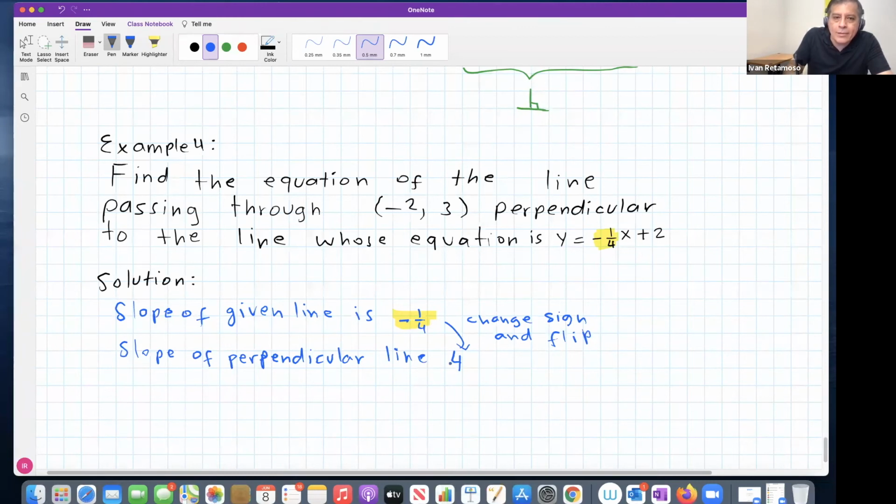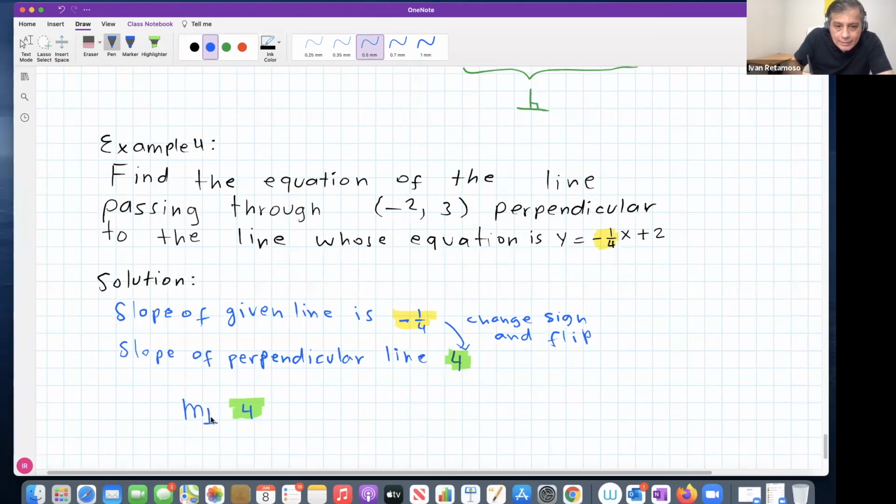So this is the slope I gotta work with now. No longer with this, but with this. So now I am gonna be in a better situation because I will have a slope to work with, a slope of 4. To be precise and to avoid confusion, this is gonna be the slope of the perpendicular line, right?